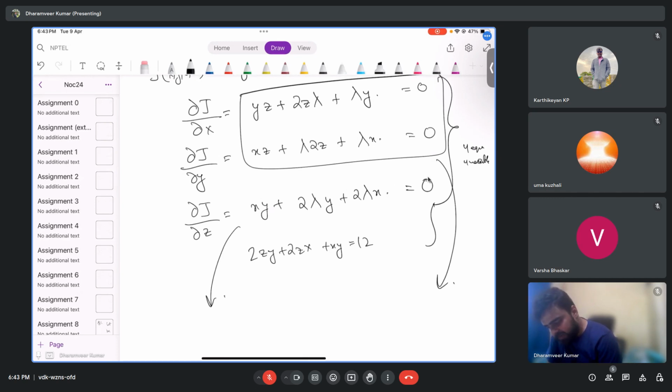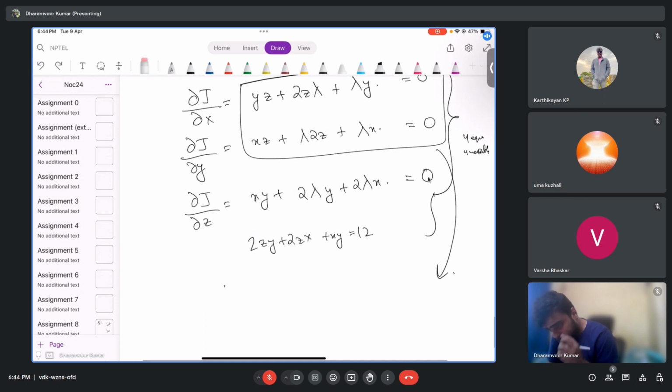Okay, how do we eliminate z? So first we write z equal to minus lambda y over y plus 2 lambda.